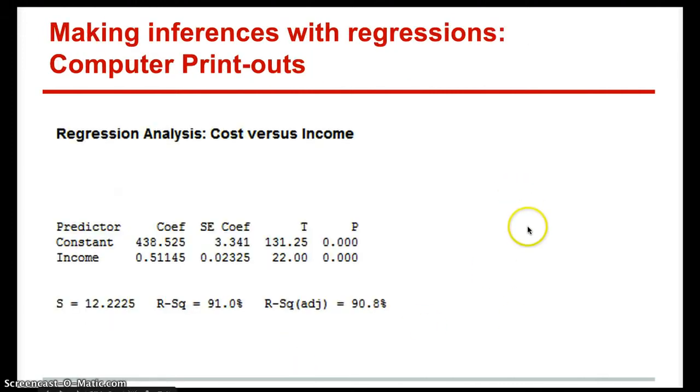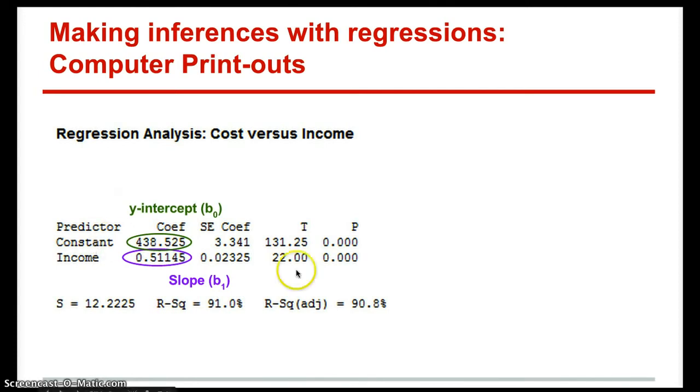Okay, so I wanted to look at a computer printout and make sure you understand the different pieces of it. The first thing is the income, which is the slope, the b1. I know it's the slope because the constant here is the y-intercept, which is b sub 0.